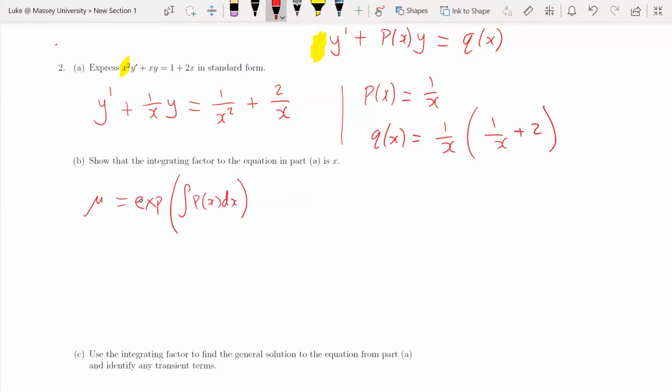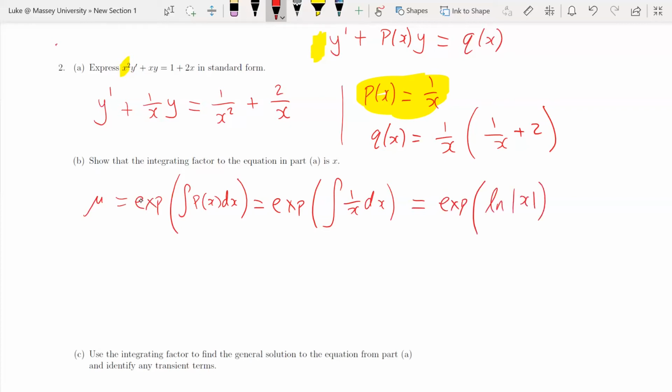So in our case, this is the exponential of the integral of 1 over x dx. Obviously the integral of 1 over x is just the log of x, and because exponential and logarithm are inverse functions, this is simply equal to x.